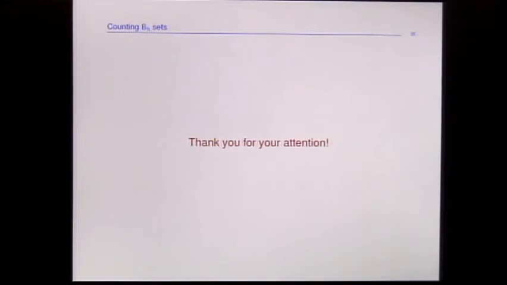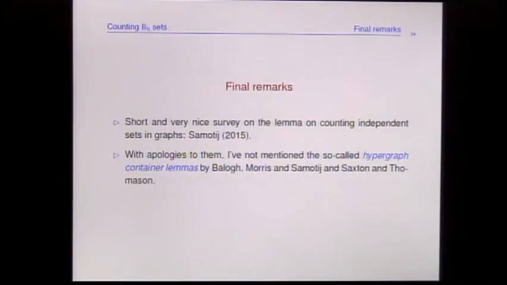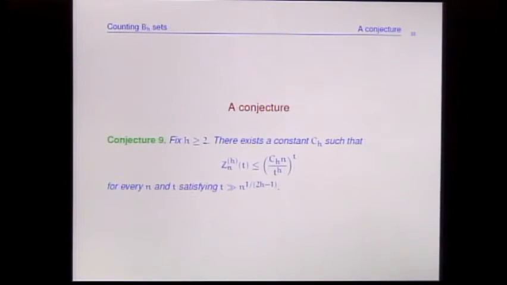Here's a conjecture. We have some minus epsilon here for the number of such sets, and this epsilon is really necessary in the proof.